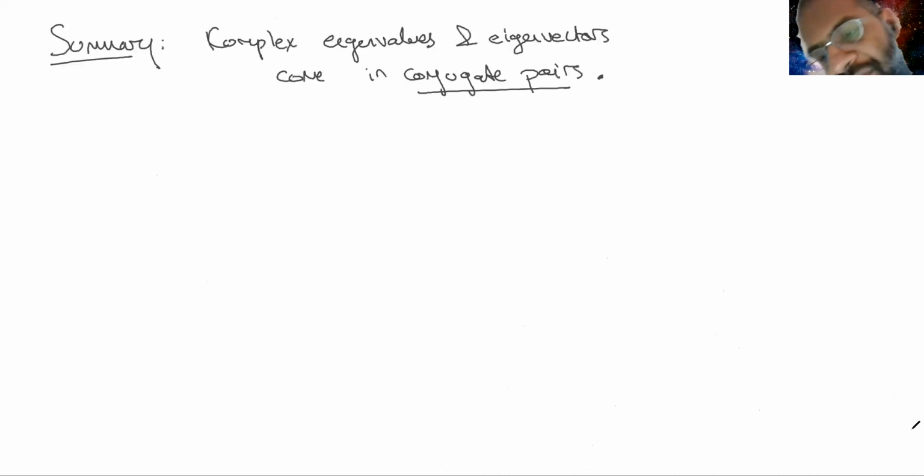So that's a fact about complex eigenvalues. And what's the meaning of complex eigenvalues?